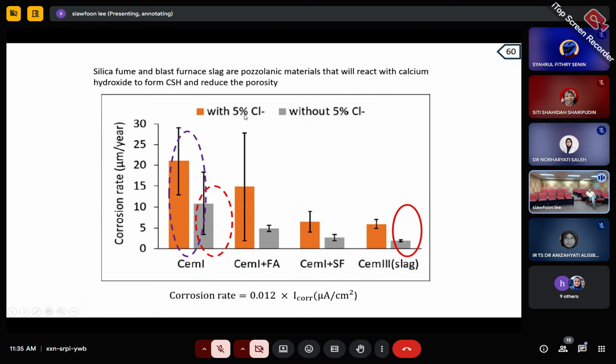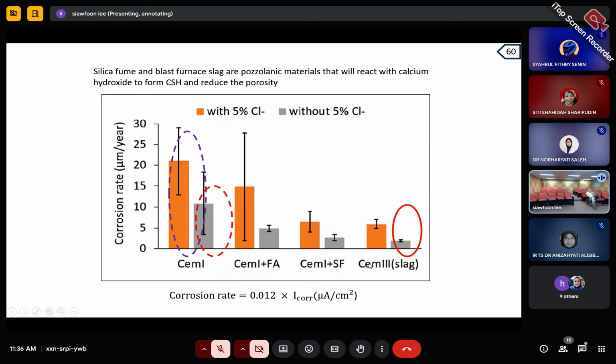I mean, industrial waste which contains a very high concentration of sodium chloride can be used in concrete containing cement 3 slag, because it has the lower corrosion rate. And this is a very good discovery. Sometimes recycling industrial waste costs more money than finding somewhere else to use it.